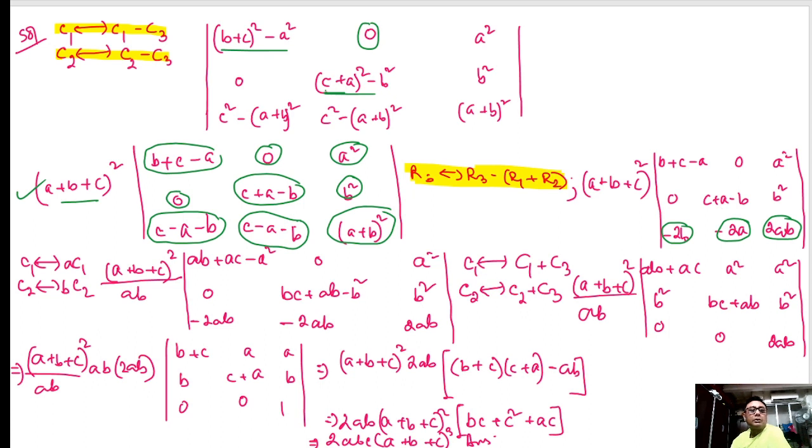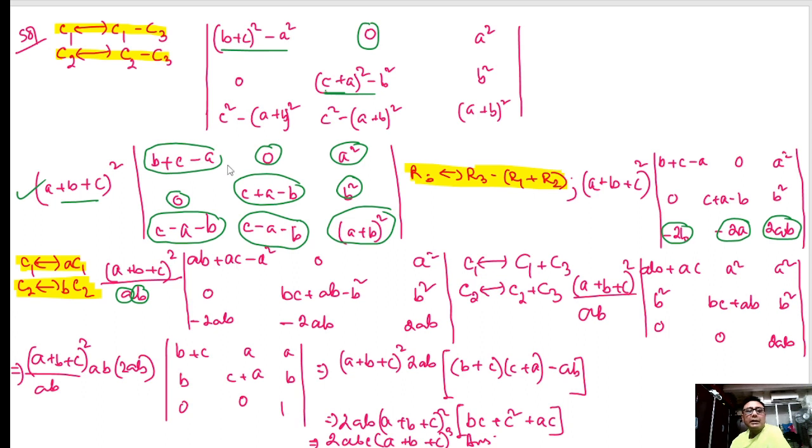Okay. So now please watch one thing. Again we are applying this operation. C1 is multiplied by a, so we have to adjust, and C2 is getting multiplied by b. So we have to adjust our a and b. So that's why we divided by a and b.